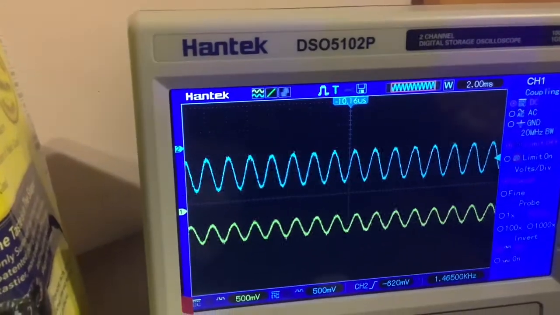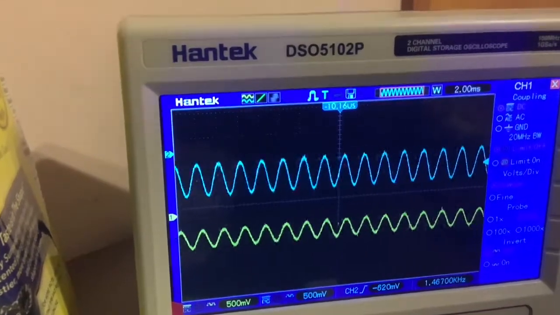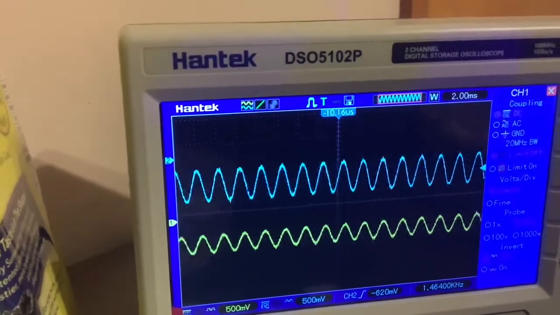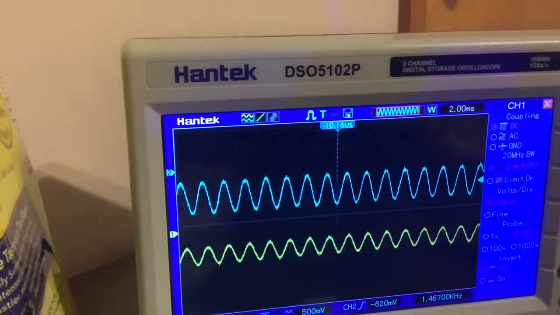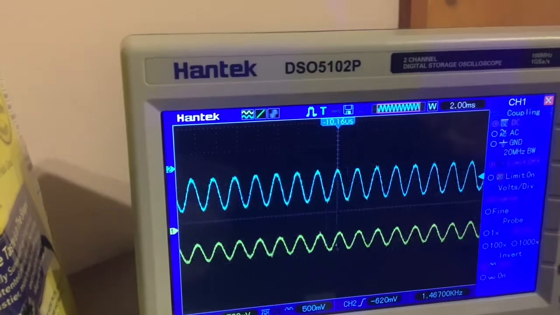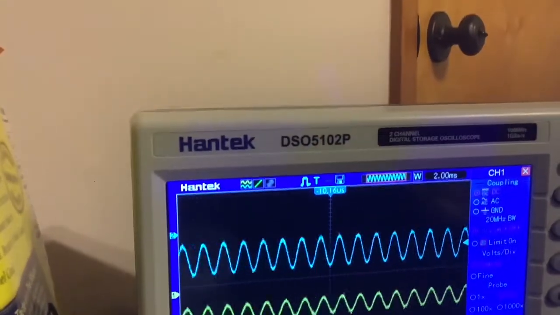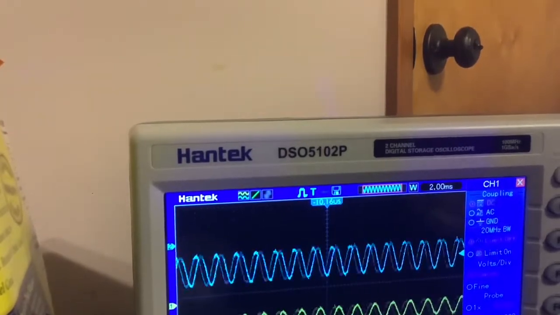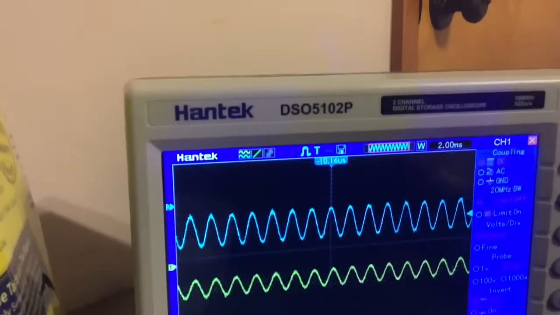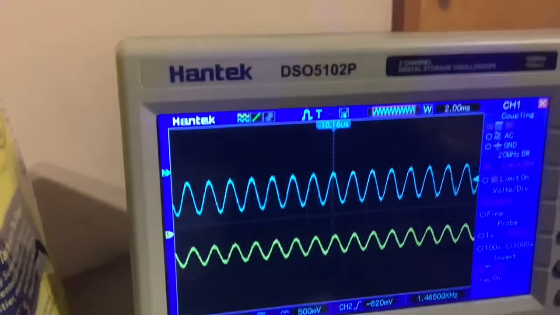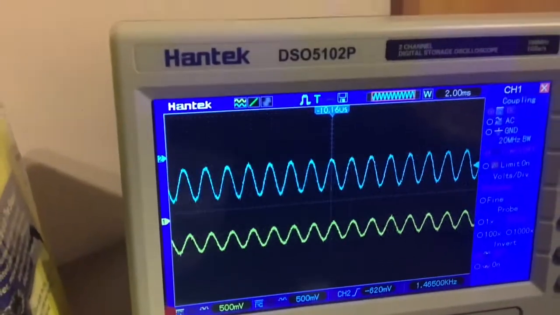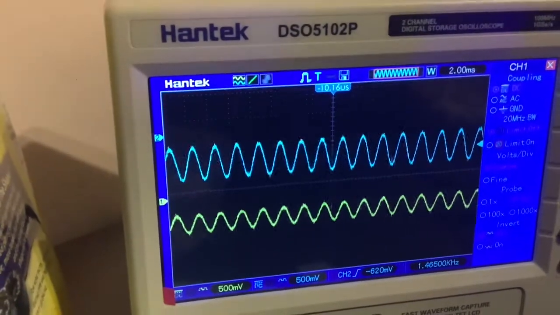My yellow signal, which is my output, or y of omega, is smaller in amplitude than my blue signal, which is my x of omega. That means that h of omega at 1 kilohertz is less than 1. My amplitude is smaller.